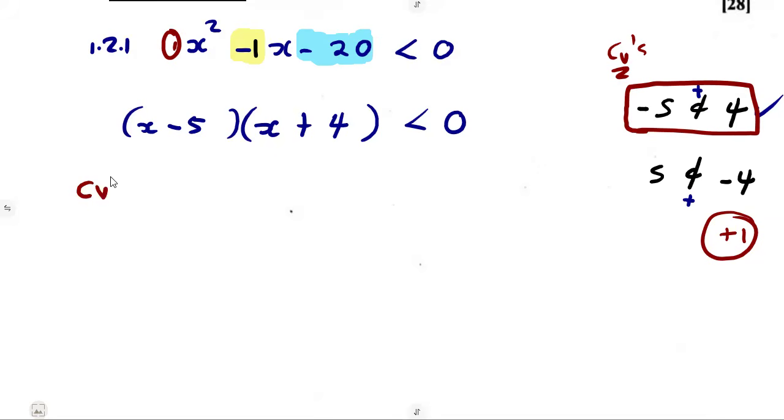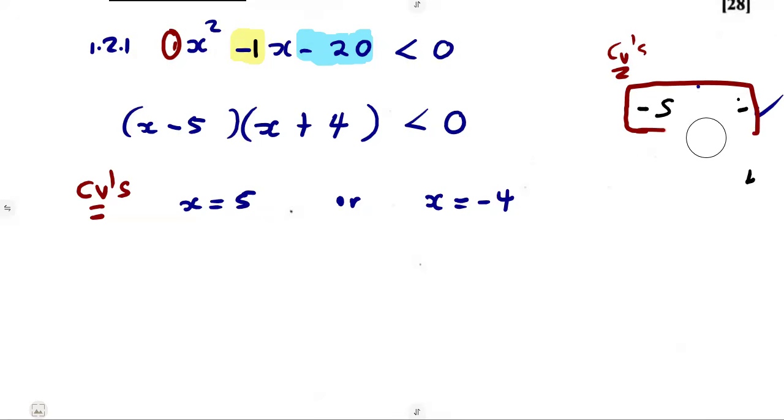So let us now find our critical values. Just forget about the inequality for now and say there's an equals sign here. How are we going to solve? x is equal to 5. The plus 4 to the other side is going to give us a negative 4. So x is 5, or x is equal to minus 4.